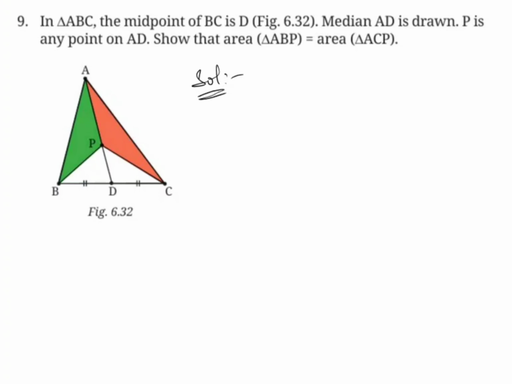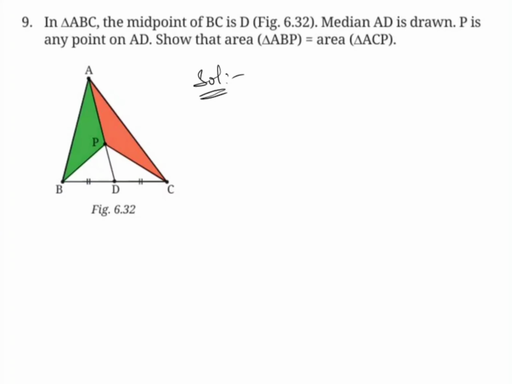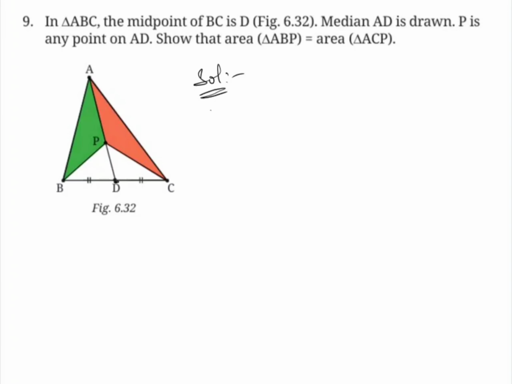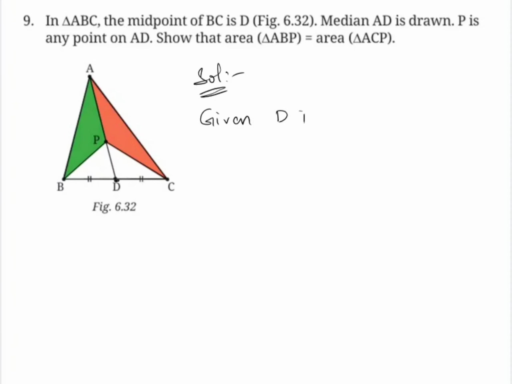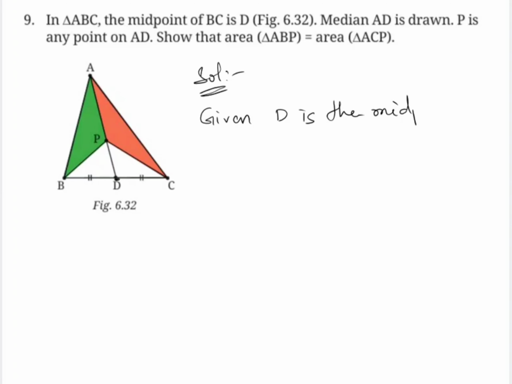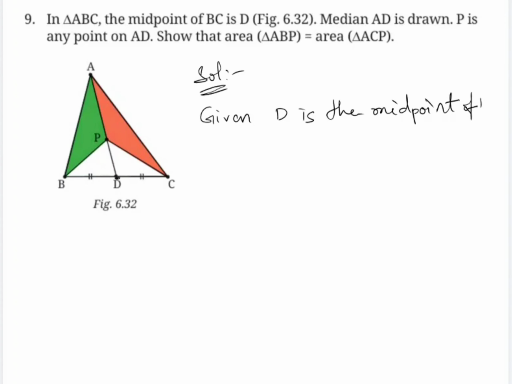In this triangle, if you see D is the midpoint of BC, that is given. So let us write down, given: D is the midpoint of BC.